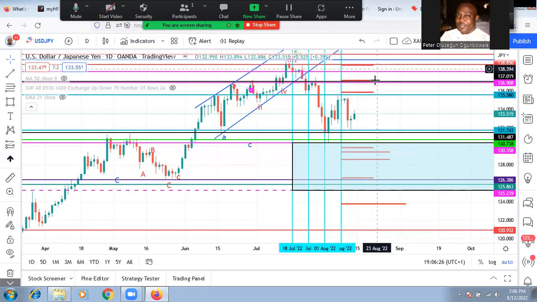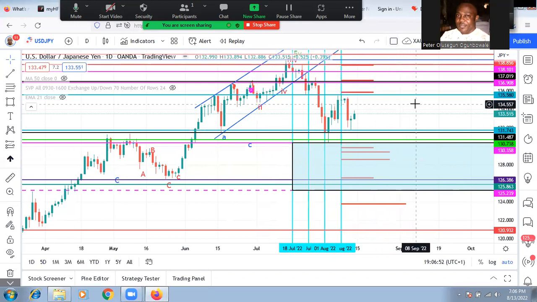So if it's going to go up, let's allow it to go up so that we can sell to the downside. And once we sell and we enter this zone, we know we're not going down again, we're going to go further up. So that is what we should look for on USDJPY. So the long term, we expect this to still break the top and go up towards 149.